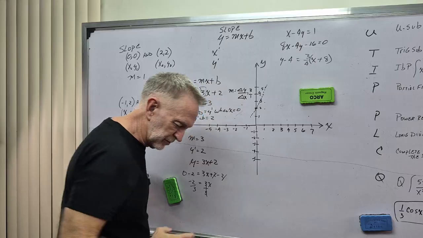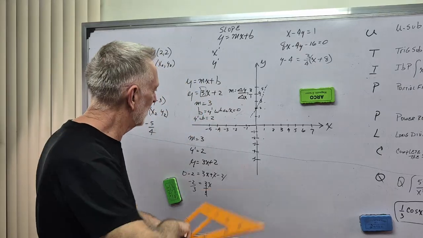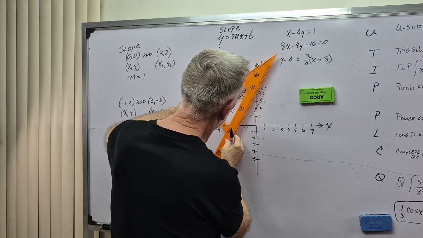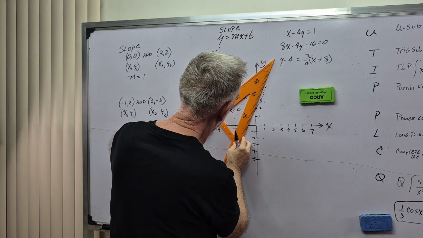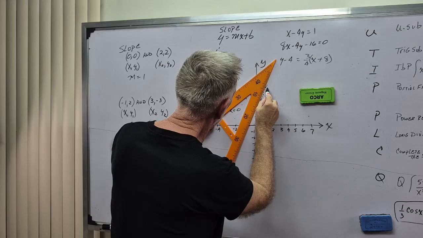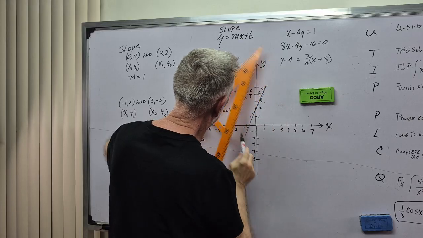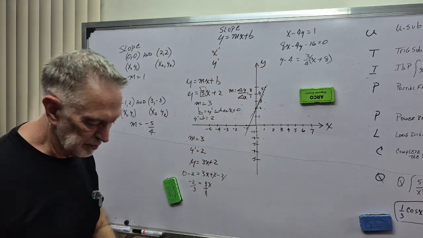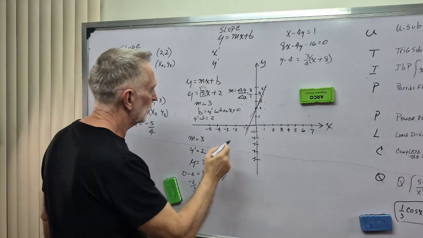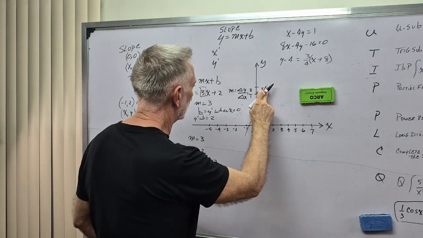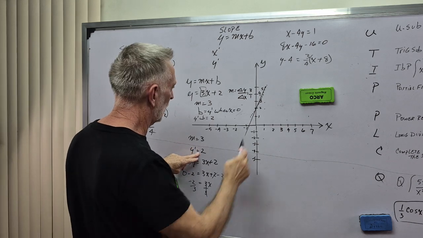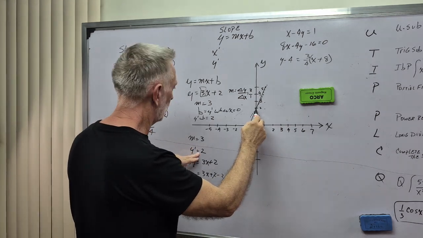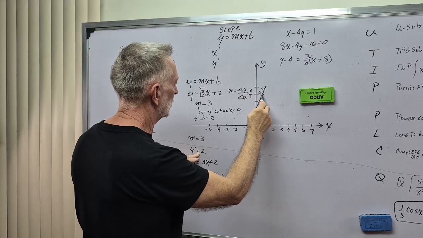So my line was not very good, was it? Let's see. It should have looked like that. That's better. So we're intersecting up here at the point, y-intercept was 2, slope was 1, 1, 2, 3.